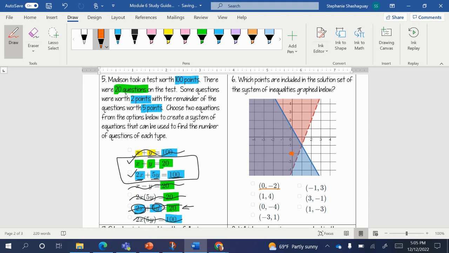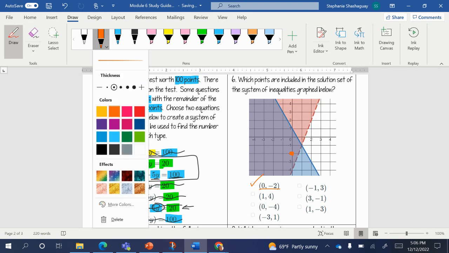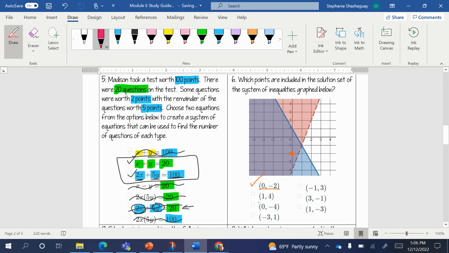That falls within the dark shaded area, the purple area, so I'm going to check that off. Now let's try pink. 1, 4. So I go here on my x-axis, and then I go up on my y-axis. So I'm at 1, +4. Nope, that does not fall into that purple area, so I'm going to cross it out.